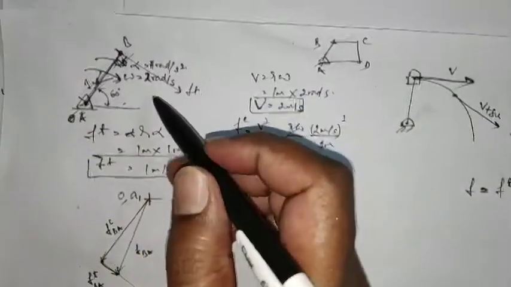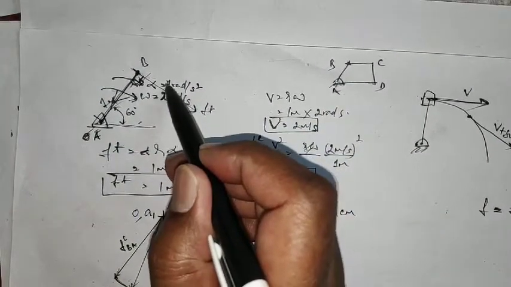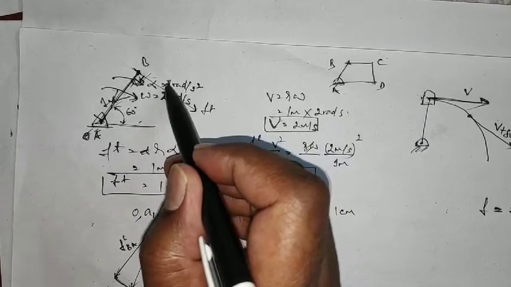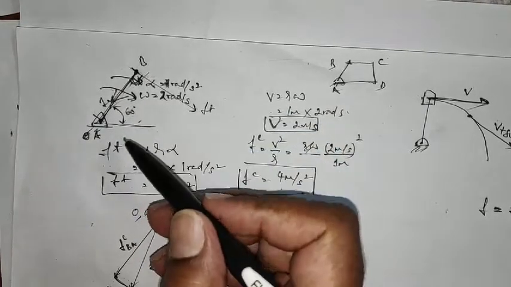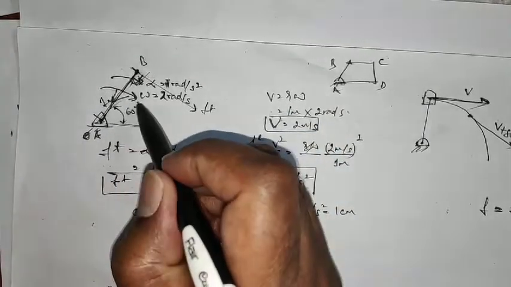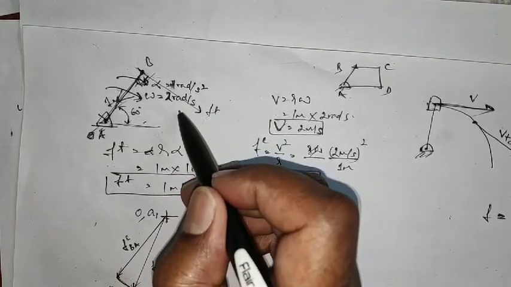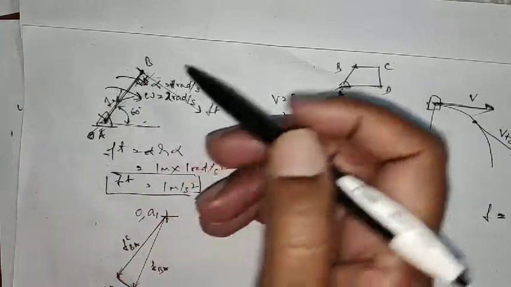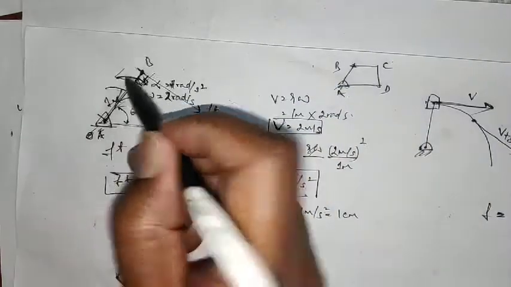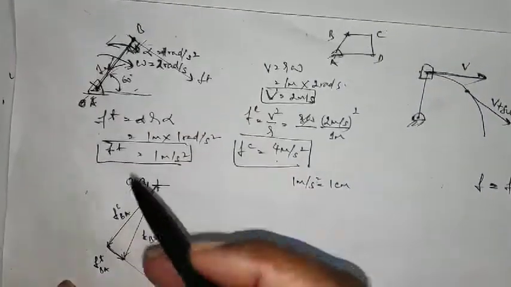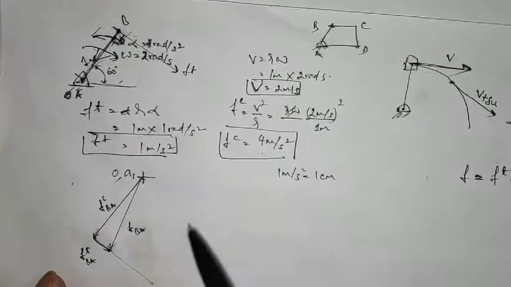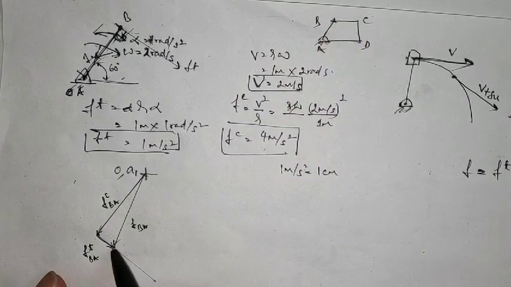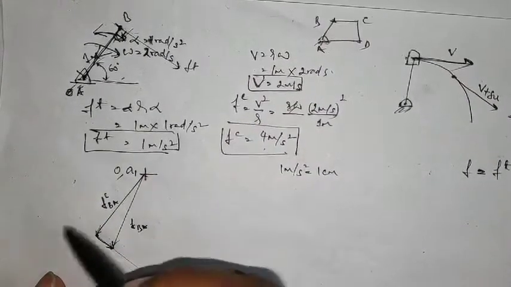In case this angular acceleration is minus 1 radian per second square, that means in the problem it was given that the angular velocity is clockwise 2 radians per second and angular acceleration is counterclockwise 1 radian per second square, which means that it is actually like this. In that case, suppose it is given in this direction, then this tangential vector should have been drawn in the opposite direction.